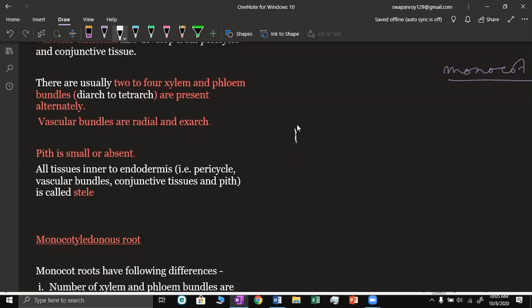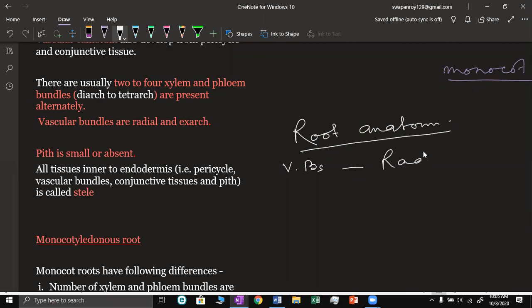We learned root anatomy. In the root anatomy, the important point was that the vascular bundles are radial, and the protoxylem, that is xylem, is exarch.